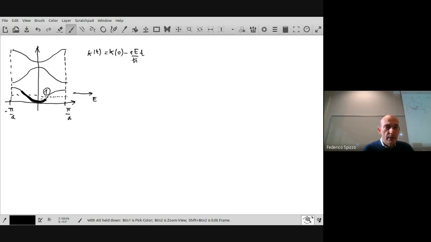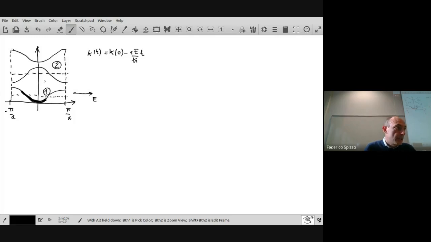But if we consider, and if we call this situation 1, so 1 is the electronic population, the occupancy of the electronic population is close to the minimum of the band. So in this case, the Fermi energy is close to the bottom of the band with index equal to 1. If we consider another situation, where the Fermi level crosses the second band close to the top of the band, case 2, the Fermi energy is up here.